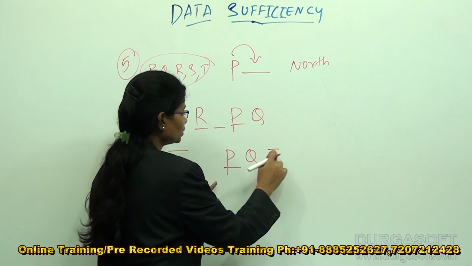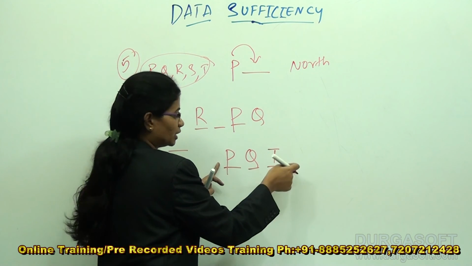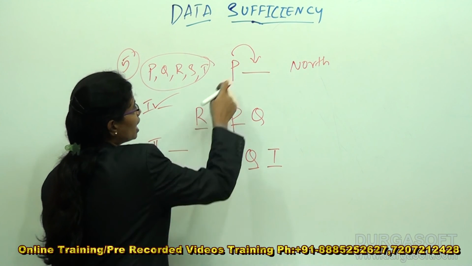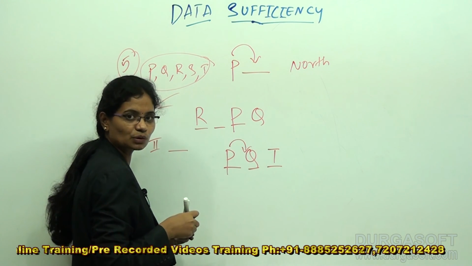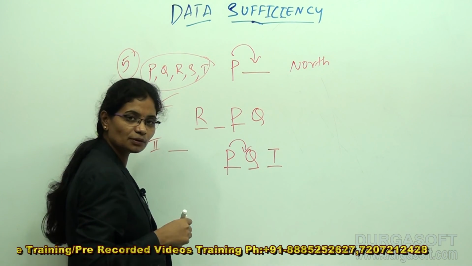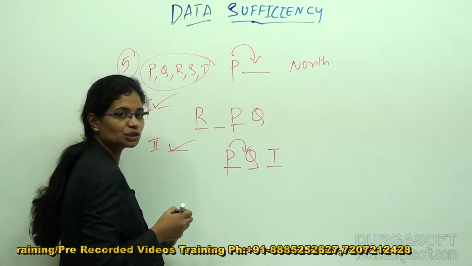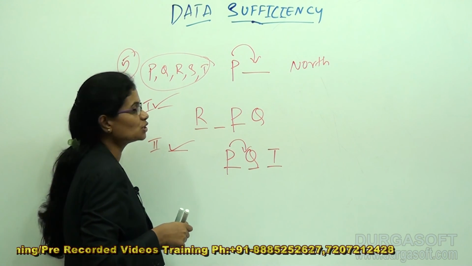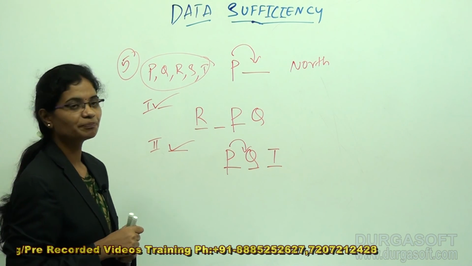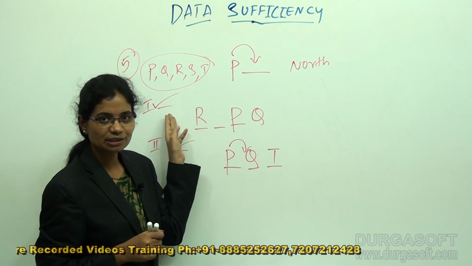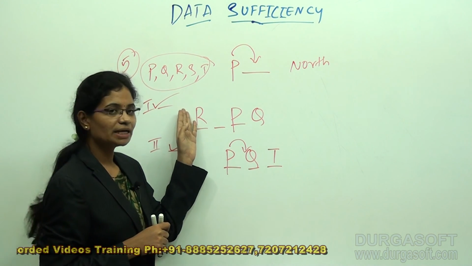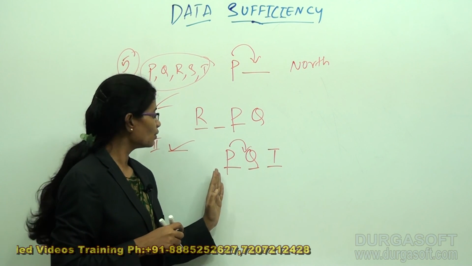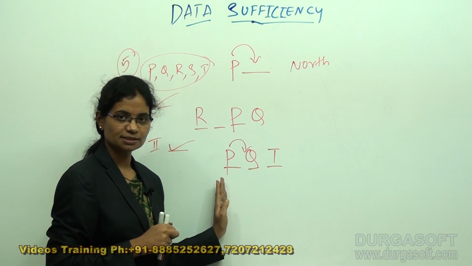From this also I came to know who is sitting immediate right of P, that is Q. So from equation 1 alone I am getting the answer, and from equation 2 alone I am getting the answer. So for this particular question, I can select either the first equation or the second equation.